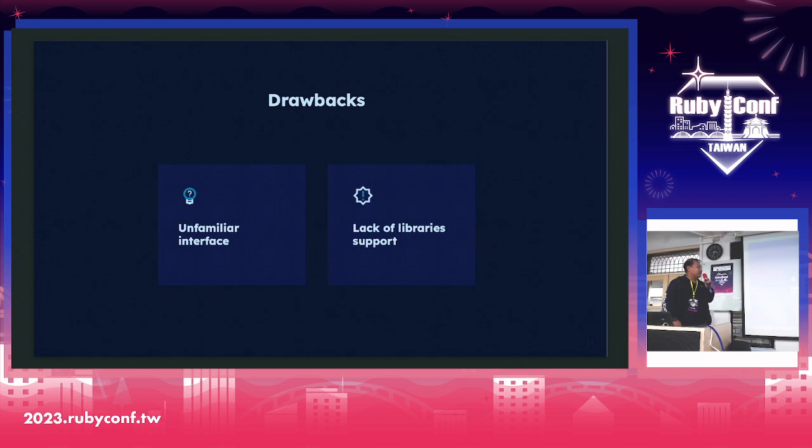A few more drawbacks: the interface can be unfamiliar to people who only use Ruby. Like you said before, in Java you may see some similarity here, but if you only use Ruby, then maybe it's a bit difficult. And currently there is not much library support, not all libraries support it, so there are a lot of things you need to build yourself.